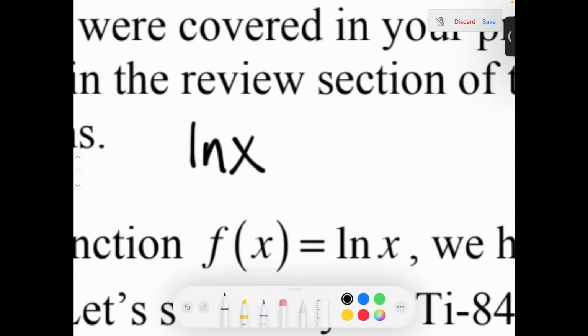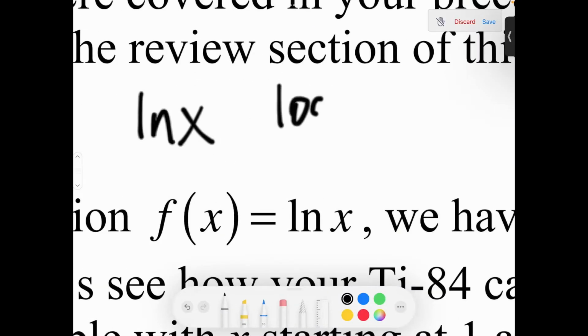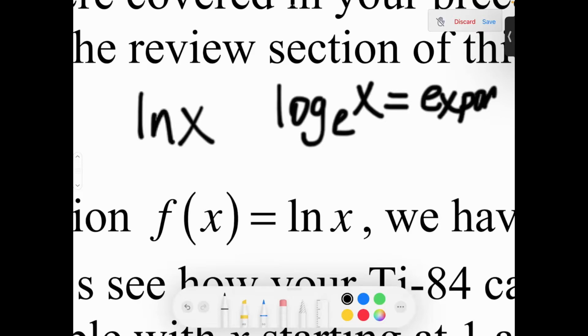Natural log of x is this idea of log base e of x. And whatever that is equal to is really the exponent. So this idea would be like e to what power is equal to the x value.